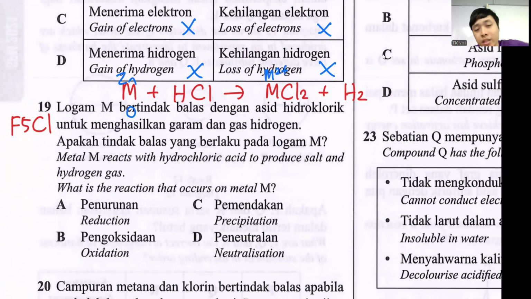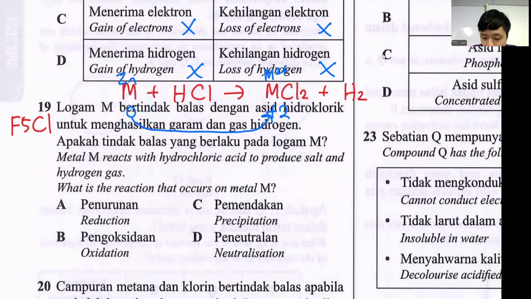Normally it's 2 plus, like zinc and iron, a lot of these are 2 plus. So normally M will have an increase in the oxidation number, because it increases from 0 to positive 2.